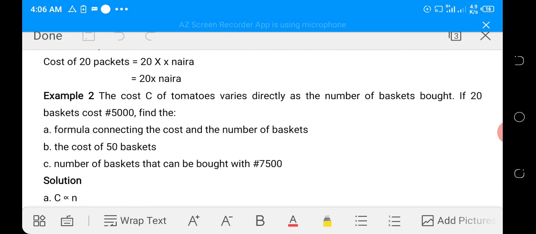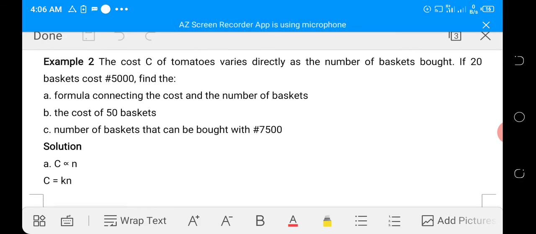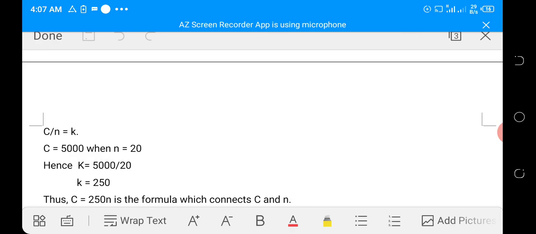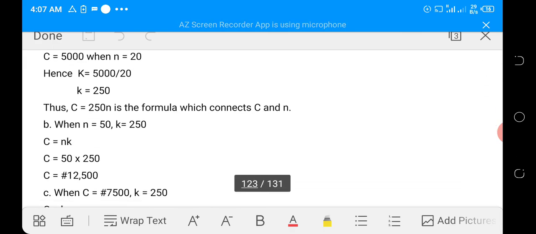So, in the second example considered, the cost of tomato varies directly as the number of baskets bought. And we were told that 20 baskets of tomato cost 5,000 naira. So when we substituted those two values, we were able to get the value of K to be 250. Then we now use that value of K in getting the next question, which says that we should find how much 50 baskets of tomato will cost.